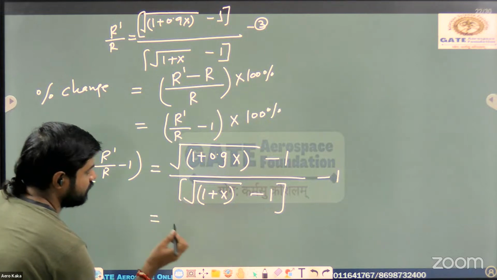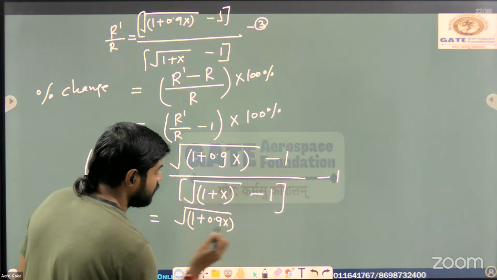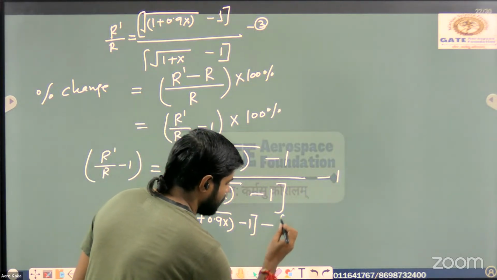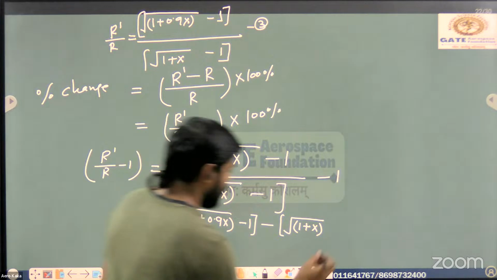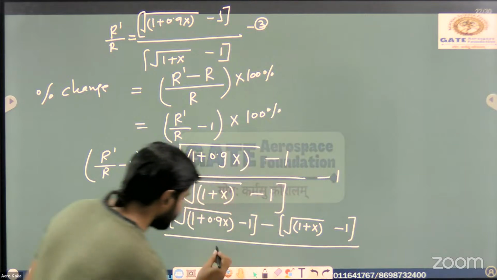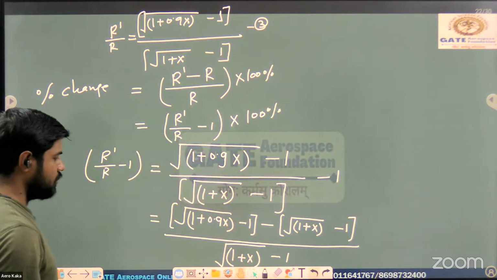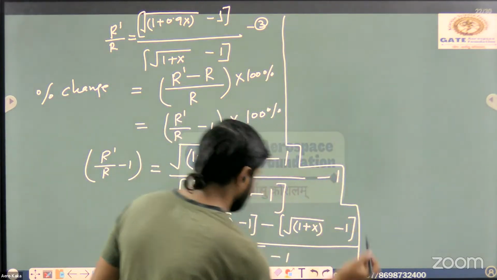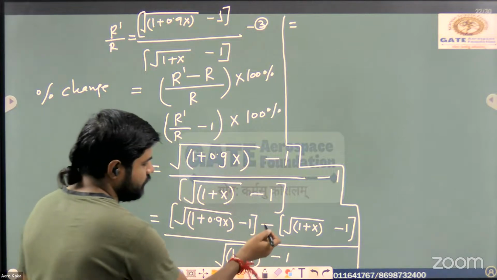So we can write this as root of 1 plus 0.9x minus 1, then minus, in bracket, root of 1 plus x minus 1, divided by root of 1 plus x minus 1.